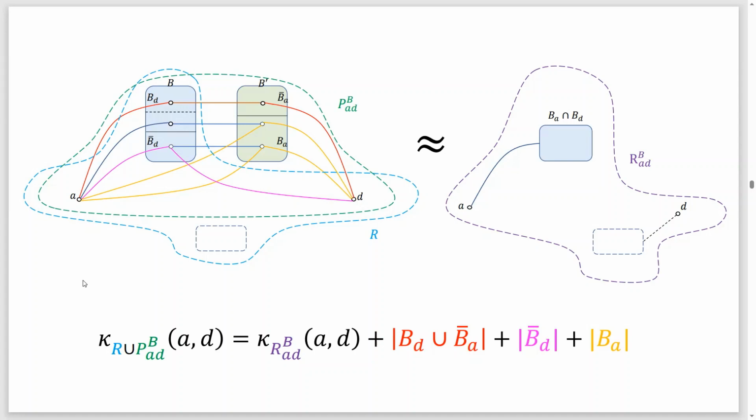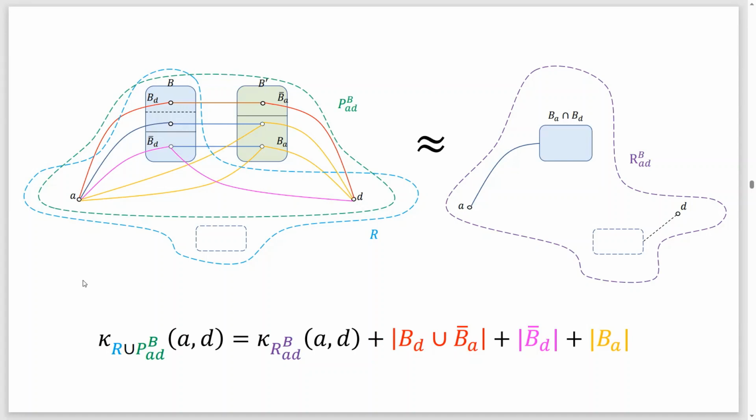So actually, there's an addition of RBAD with these ones, and they will form the complete connectivity in the whole graph R cup PBAD. We will see this in both flows and cuts. So if we can construct a flow and also a cut, we can prove this equality.